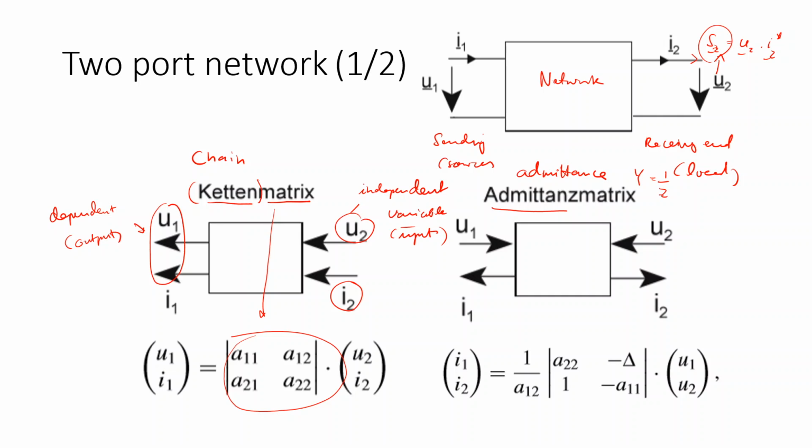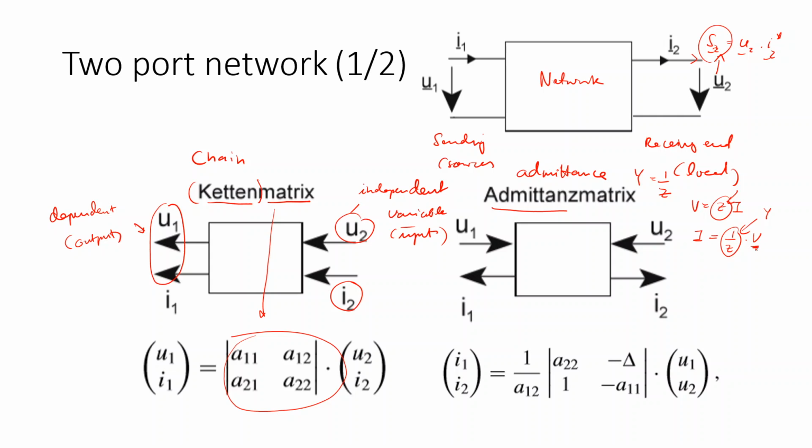Y is the inverse of Z. V is equal to I times Z, or you simply write Z times I, where Z is a parameter of the network. In this case, you know I and you want to find V, so I is your input or independent variable, and V is the dependent variable. If you divide by Z on both sides of the equation, you get I is equal to 1 over Z times V. This is called Y, or admittance.